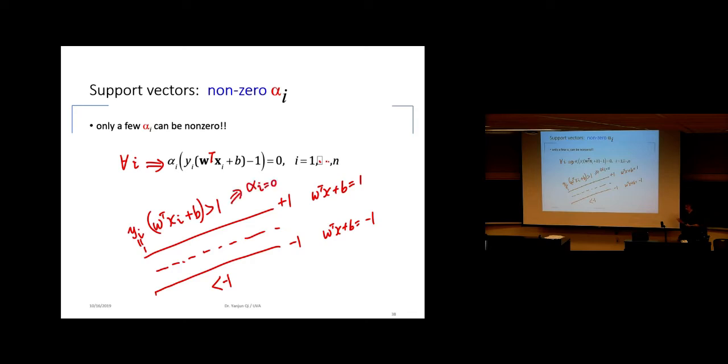And the same thing for all the points in the -1 region: yi times (W transpose xi plus b) will be larger than 1 too. In this region, to make this equation equal to 0, the only choice is alpha I equal to 0.